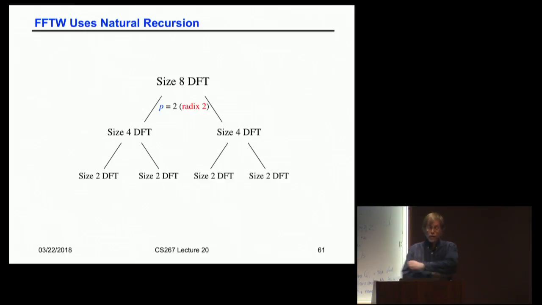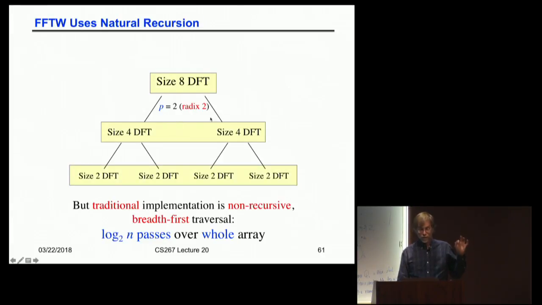So it's going to do recursion, as I said, in order to get all those benefits of minimizing communication. This is that same divide and conquer tree that I showed you before. If we just did all the size 2 FFTs and all the size 4 FFTs, you'd be running through the whole data structure once, then again, and your total communication would be n times log n.